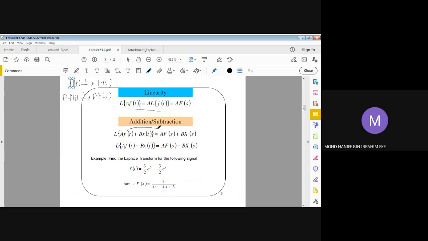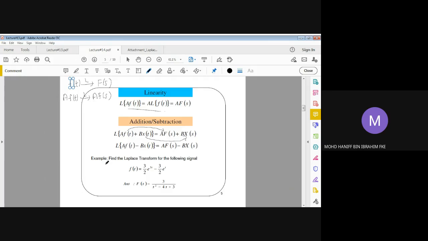The Laplace of a f(t) is a F(s), and the Laplace of b x(t) is b X(s). So addition in time domain results in addition in frequency domain. The same happens for subtraction. This is the property of addition and subtraction.